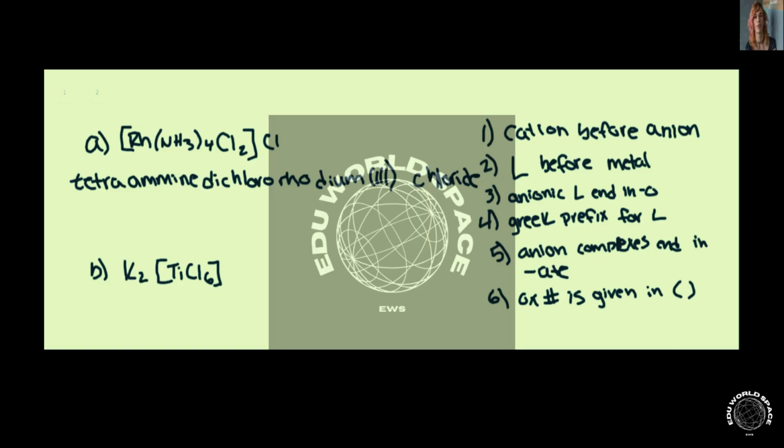Moving on to part B, our cation is potassium. So we have potassium, and then a space, and then our complex, where we have our metal Ti and our Cl, chloride ions.